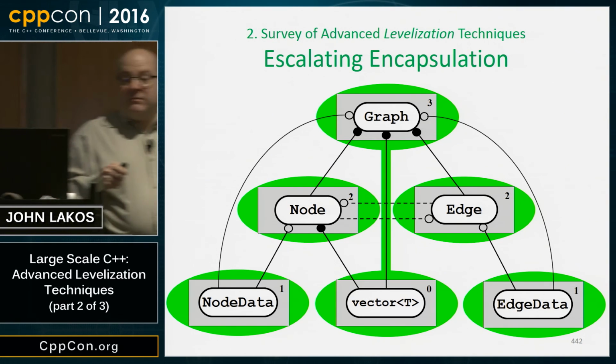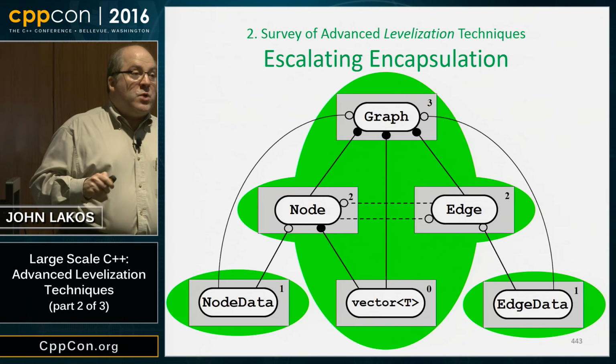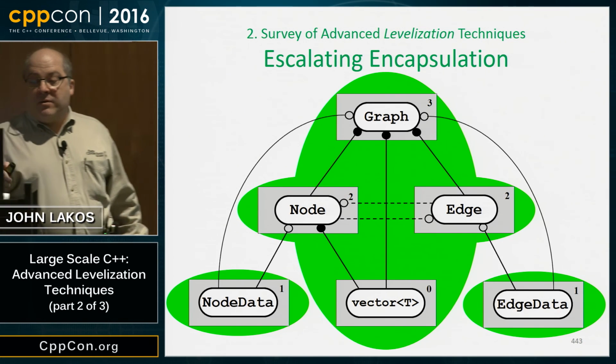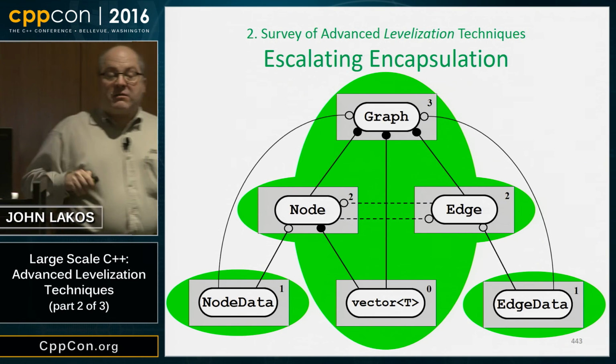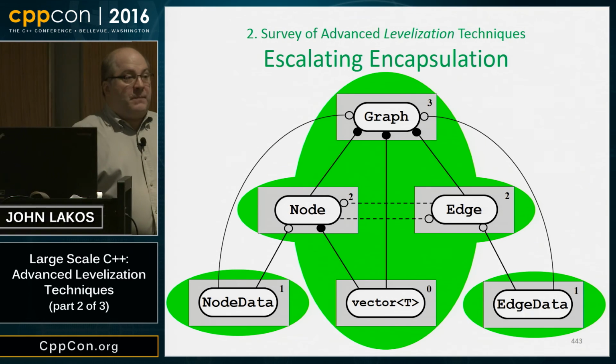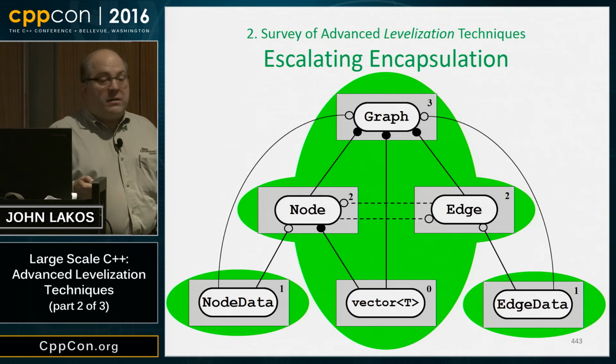Now all of a sudden we get something that looks like this, where the only pieces of this system you know are graph, node data, and edge data, and whatever goes on inside underneath graph is whatever I want it to be. And you don't care because you don't know that I'm even using node, edge, or vector, if that makes sense.